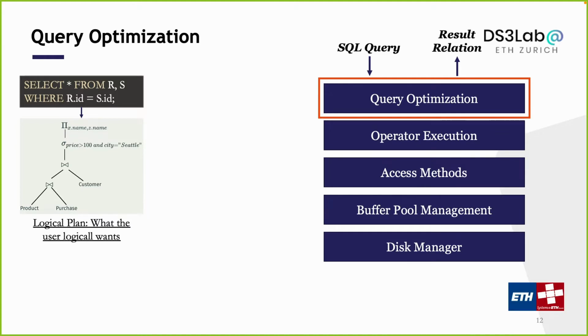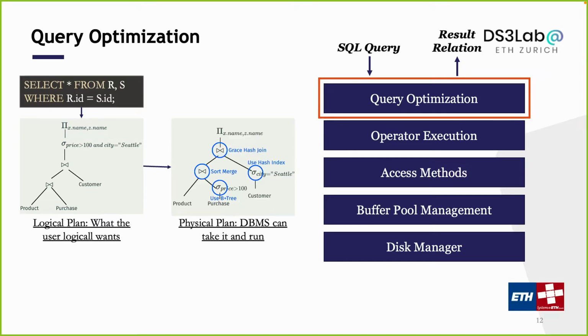We talked about 5 different ways that you can run this join operator, and 3 different ways you can run the selection operator. And also, it's not really clear whether this plan is actually optimal. For example, in this case, you have a 3-way join between these 3 different relations. Whether I should join the first 2 relations together or the second and third relations together is not really clear.